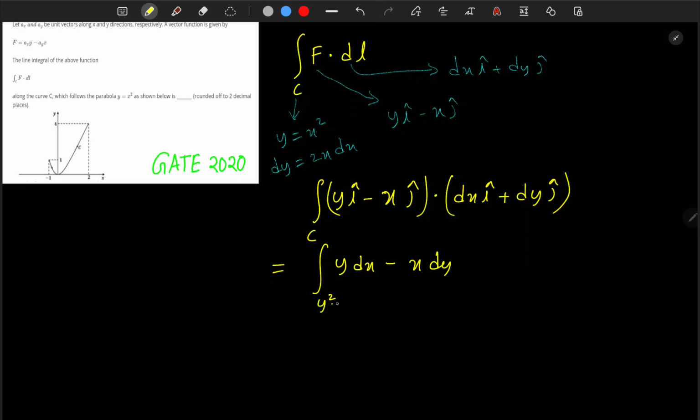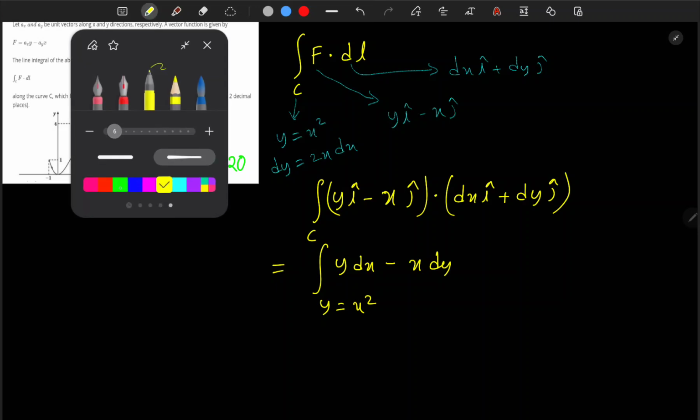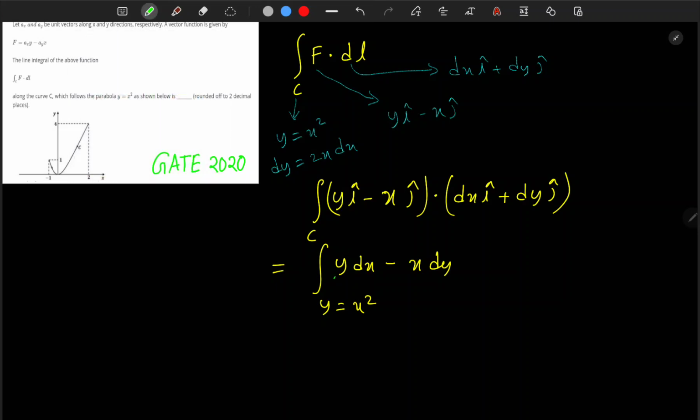And this is a contour, y equals x square, and from here dy equals 2x dx. So replace this value. y means x square, and dy means 2x dx.